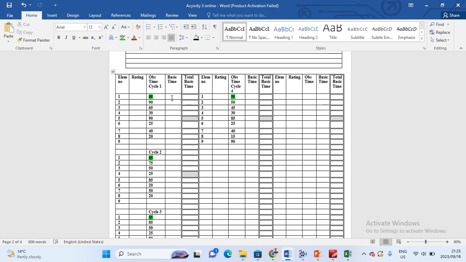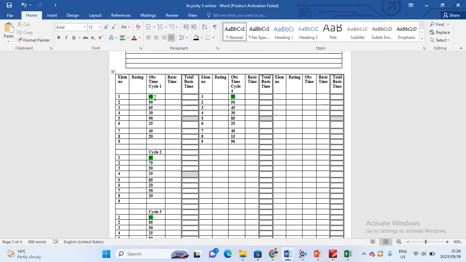You take 56.25, you divide it by all the first element in all of the cycles that you used. 56.25 divided by 60, which should give you 0.9375.